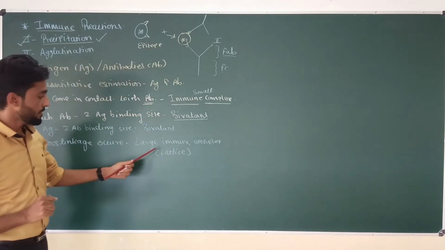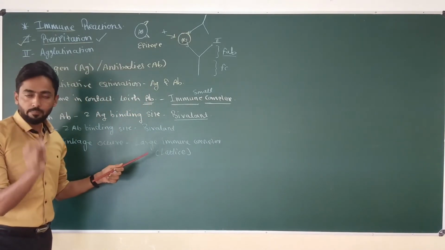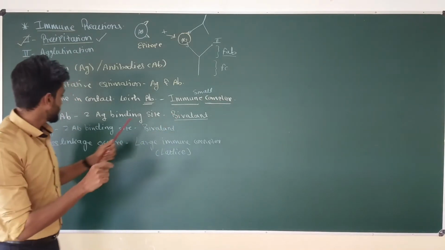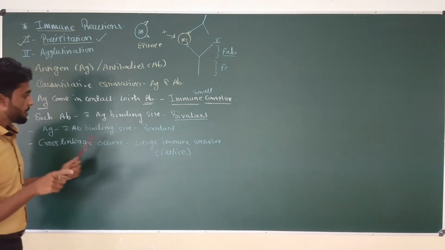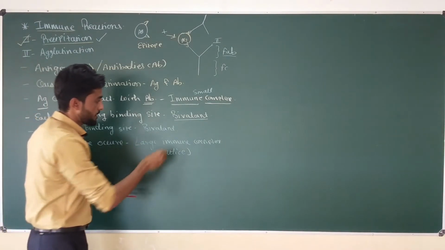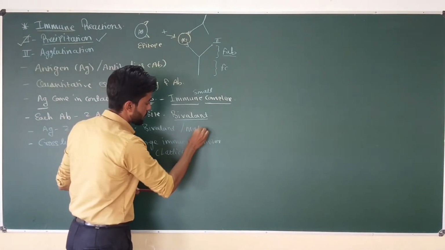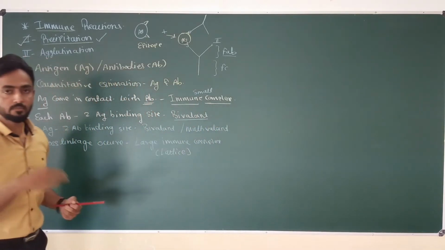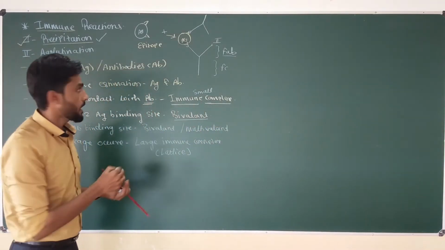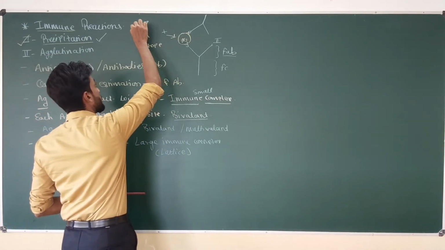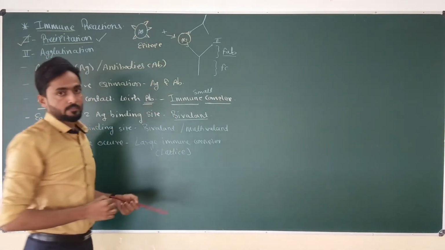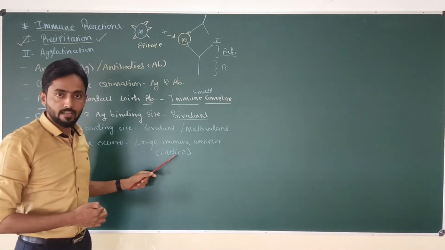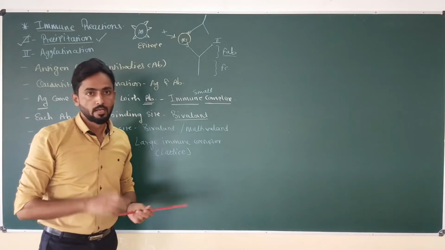Now remember that for precipitation to occur, the antibody must be bivalent, and the antigen must be bivalent, or sometimes a multivalent antigen also leads to a precipitation reaction. What is a multivalent antigen? An antigen which has more than two epitopes on its surface.